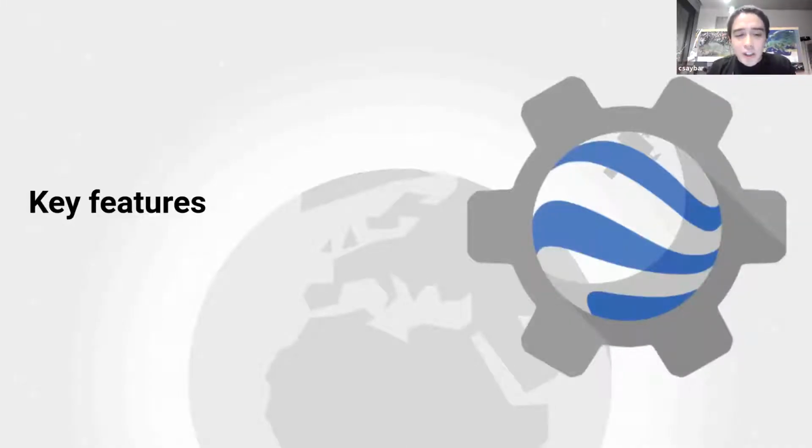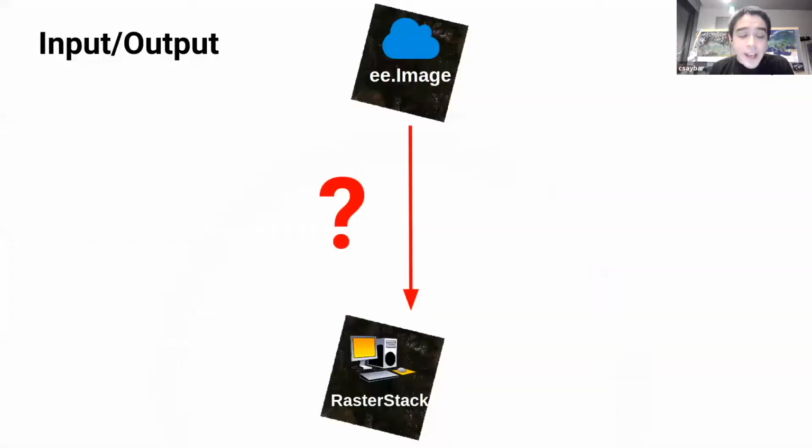So, that was just an introduction about RGE, and now please let me introduce some of the main features that we offer with RGE. The first one, and I feel really proud about that, is our work in input and output.